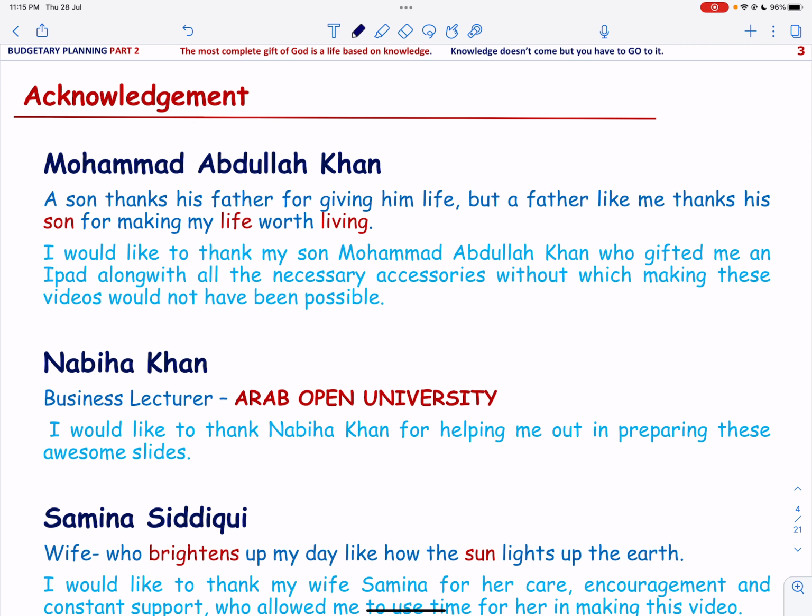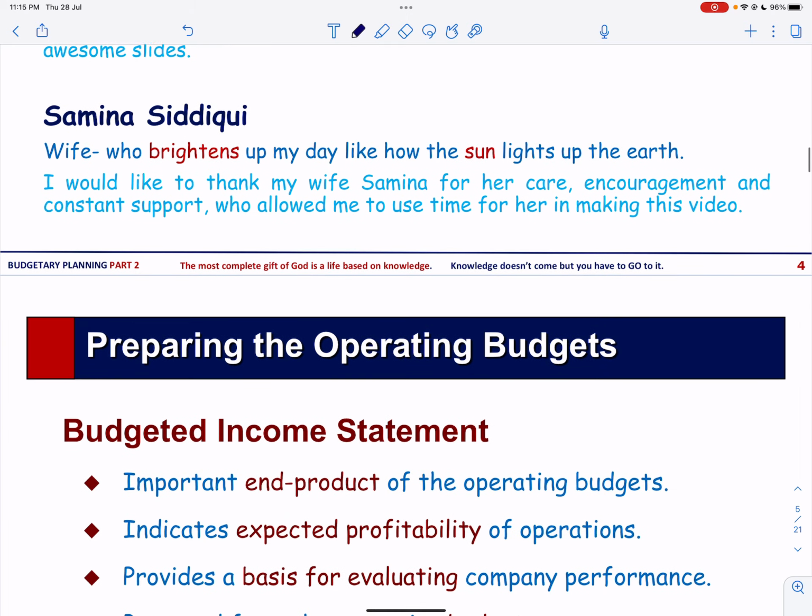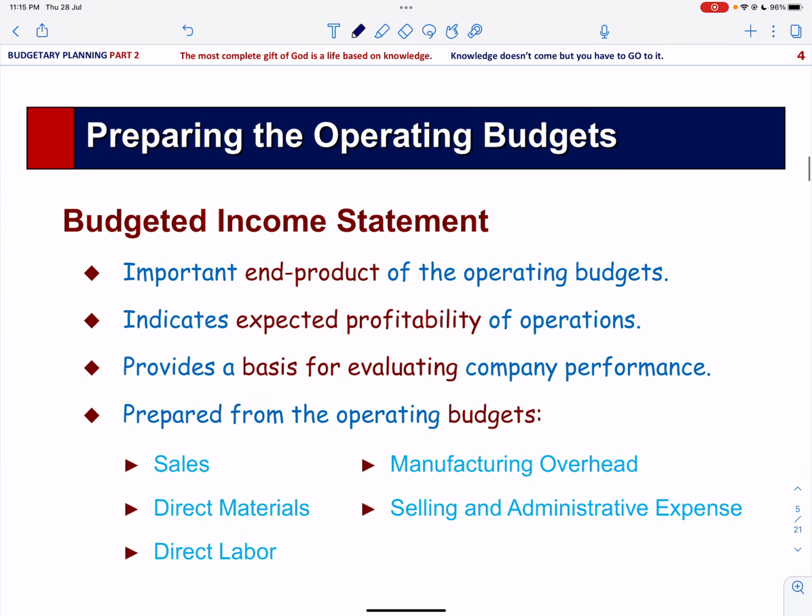Let us start with the sources for preparing the budget income statement. A budgeted income statement, sometimes called a budget income statement, is a document that helps estimate and evaluate a business's revenue and expenditure.